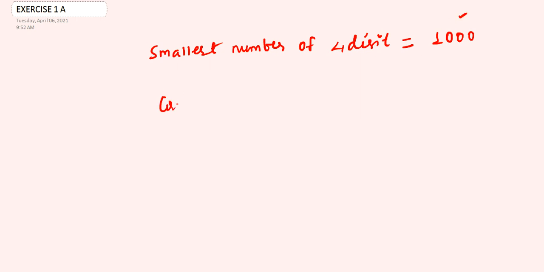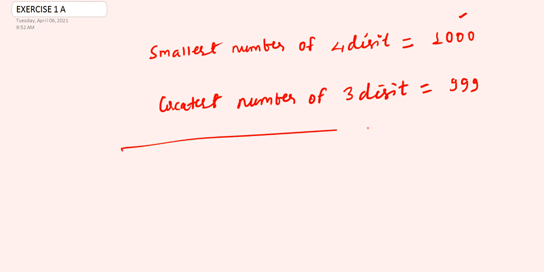Then greatest number of 3 digits. So now greatest we have to start by 9, so 999. Now in the question it is given we have to find the difference between smallest number of 4 digits and greatest number of 3 digits. So 1000 minus 999.